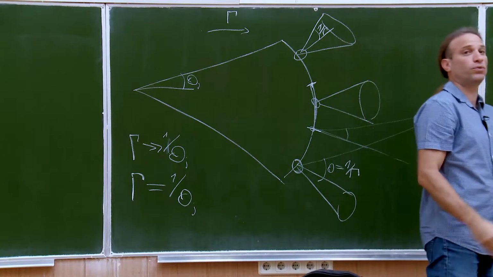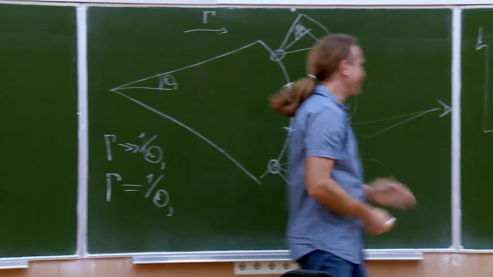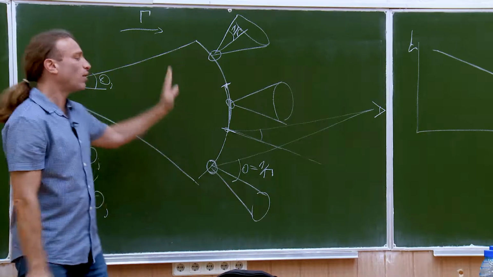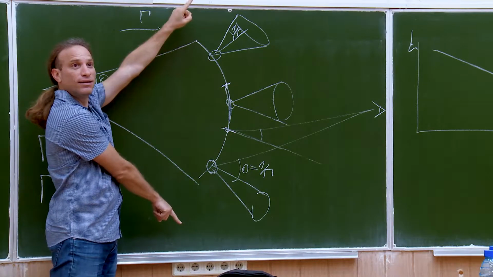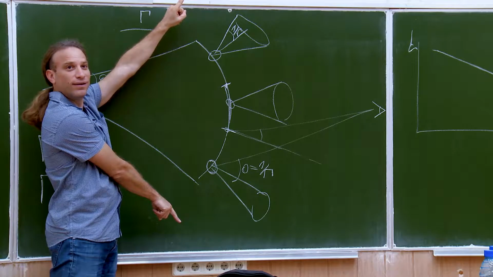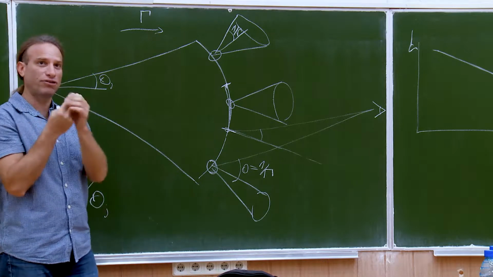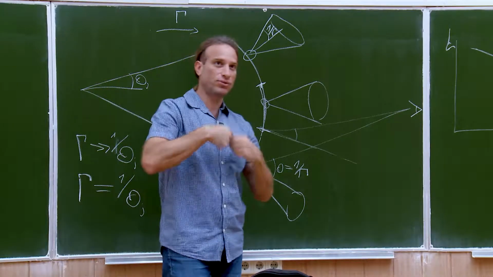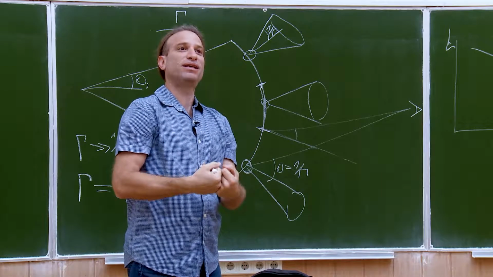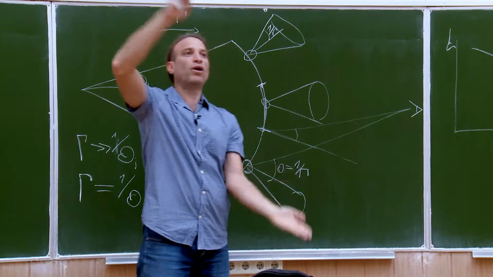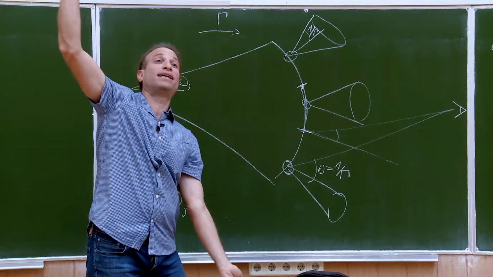Because it continued to collect more and more matter, the shock slows down. But now what happens? Remember, I had two things that affected the light curve. First of all, the shock slowed down, so that decreased the luminosity. Second, I saw more and more parts of the jet, so I saw more emission sites.